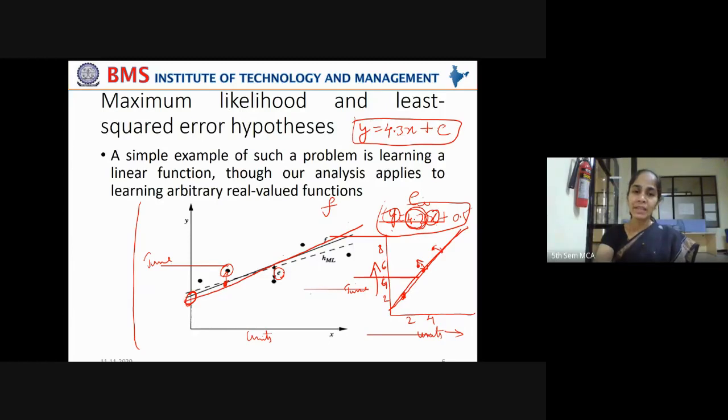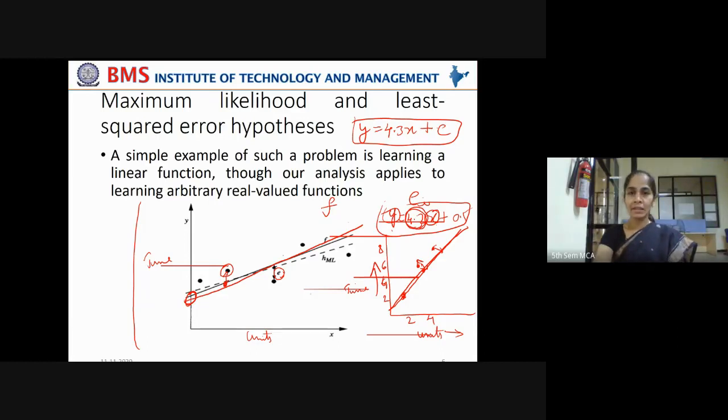So, now consider this dotted line. Rather than this solid line, if this dotted line best fits the data points, then we call this dotted line the maximum likelihood hypothesis. If F itself best fits the data, which is giving lesser prediction error, then we say F itself is the maximum likelihood hypothesis.